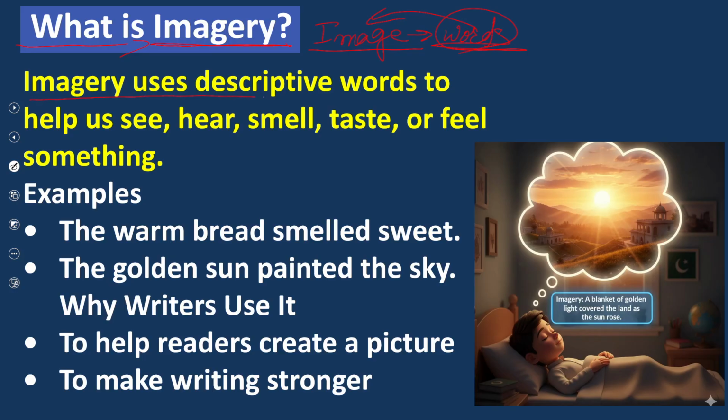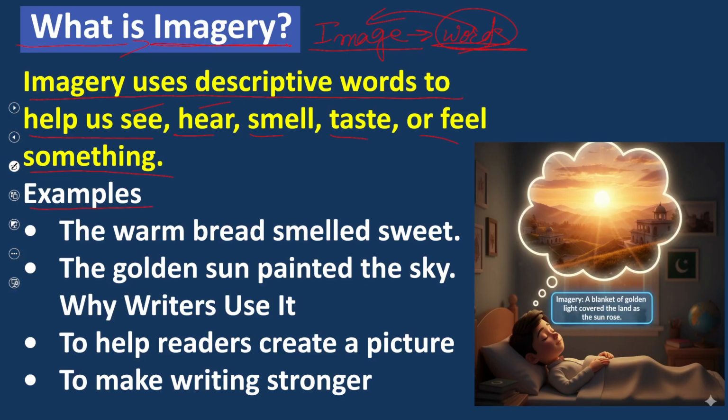Imagery uses descriptive words to help us see, hear, smell, taste, or feel something. Yes, when the words provide us the sense of seeing, hearing, smelling, tasting, or feeling something, such words are called imagery. So I hope you are very clear about this concept as well.